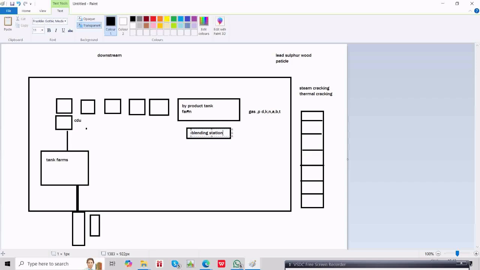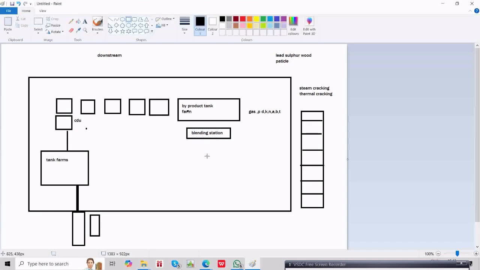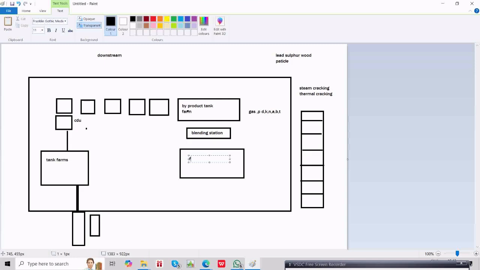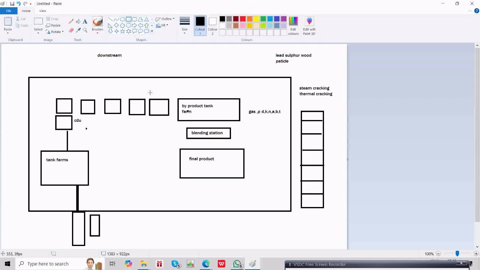Correct? After this blending station, it goes to the final product farm. Previously it was byproduct; now it's a final product. And from the final product, it goes to another area called the gantry area.